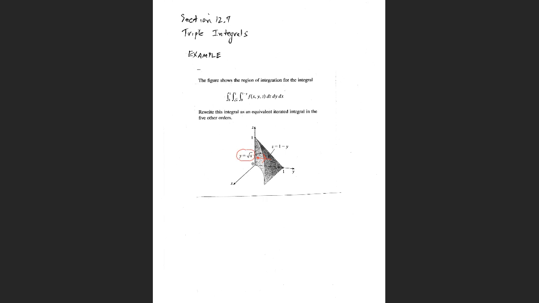And then you have a surface in the front, which is the plane z equals 1 minus y, or you could think of that as y equals 1 minus z.